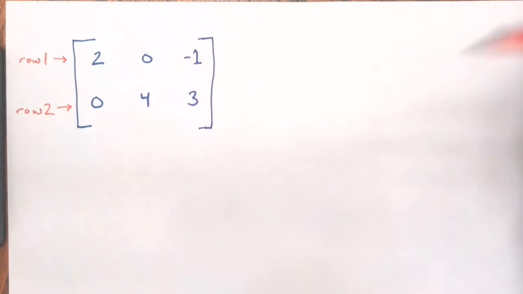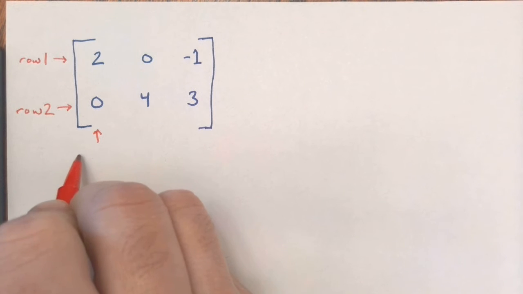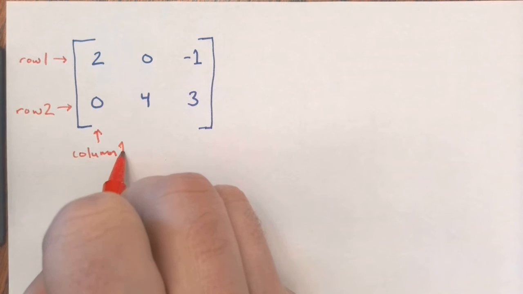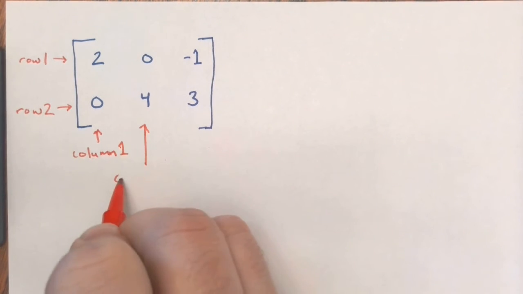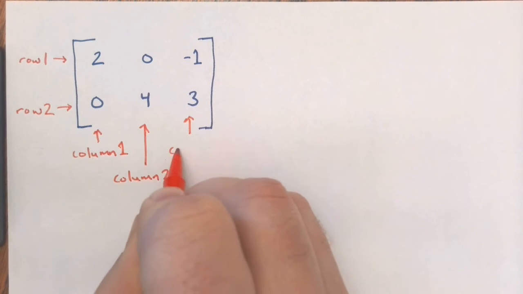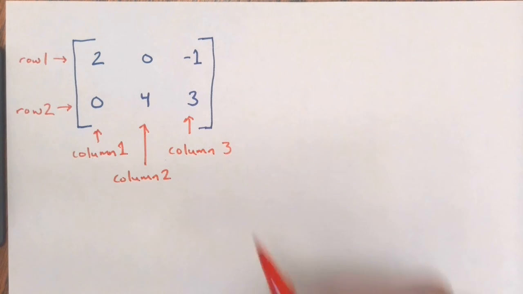And then this way, we call those columns, each one of these vertical set of numbers. So this matrix has 2 rows and 3 columns.